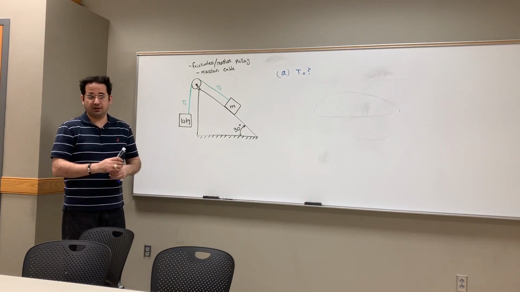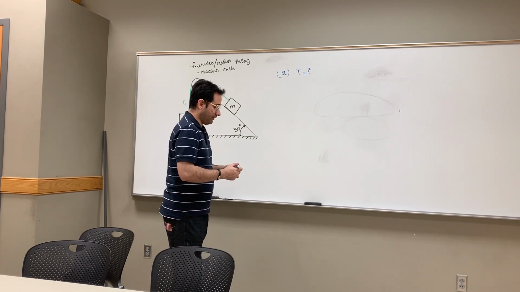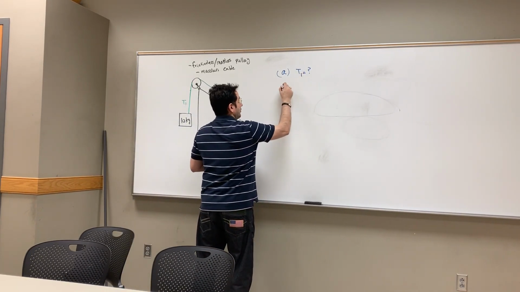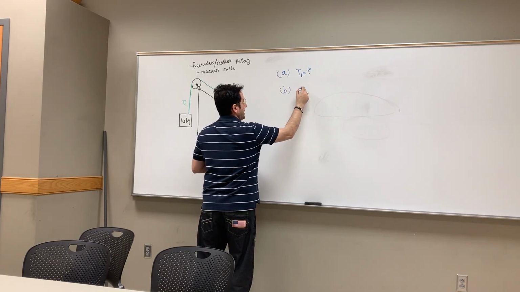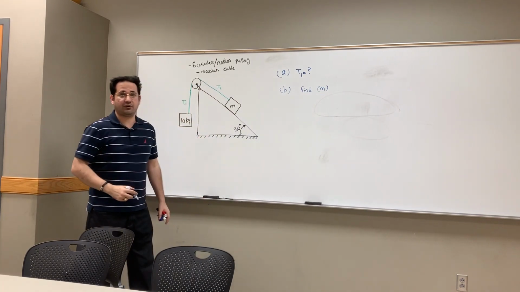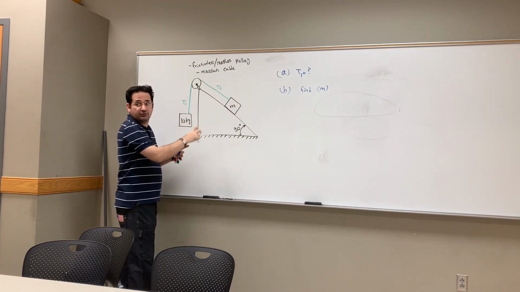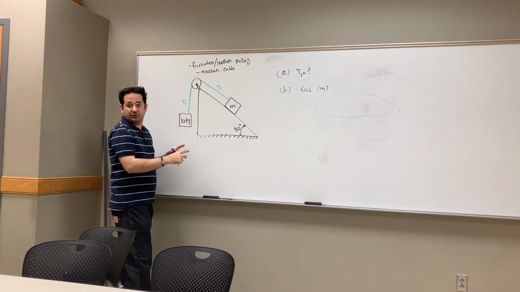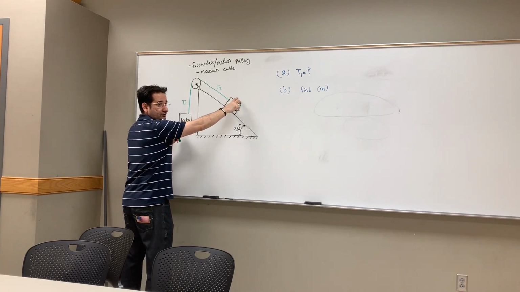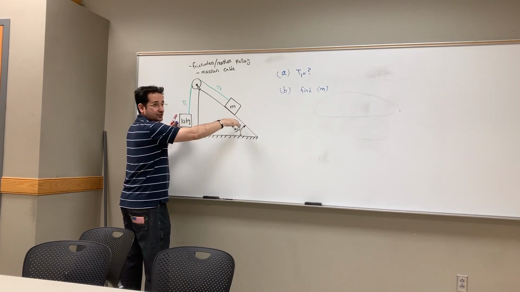What should I do? First of all, part A says find the force in this cable, or T1. Then part B says find the mass M of this block such that it stays at equilibrium. Based on your intuition, if this is a little bit heavy, this is going to slide down because we don't have friction.